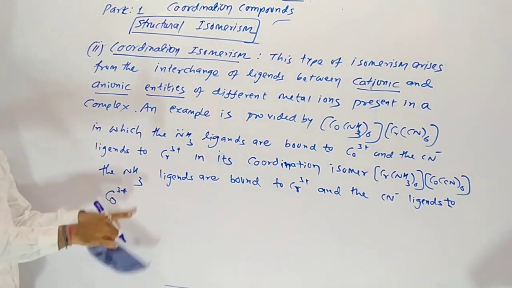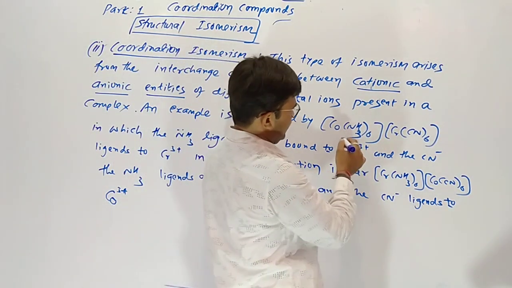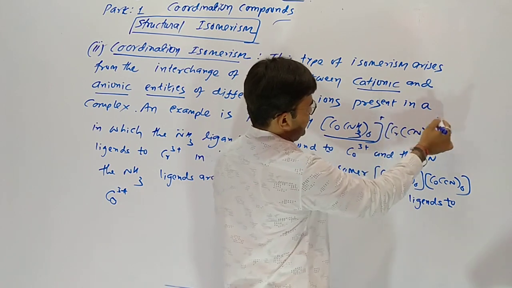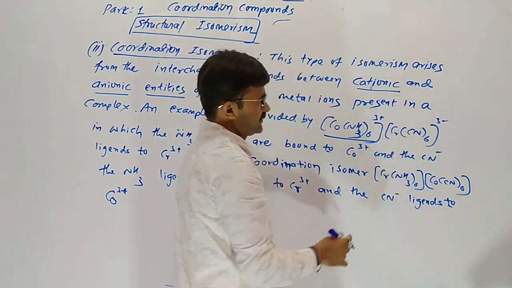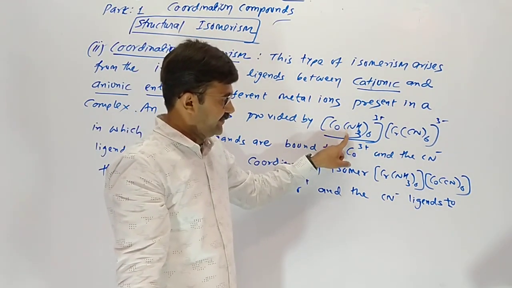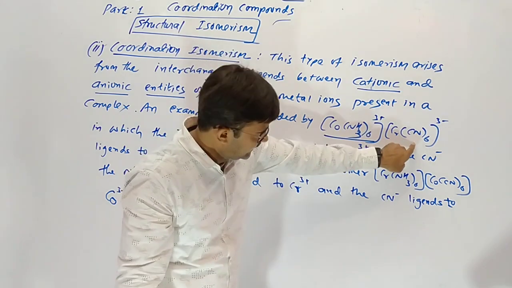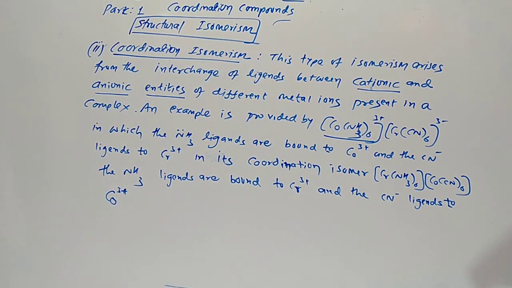Entities means square brackets. It means the left hand side should be positive and the right hand side should be negative. So ligands are transferring from the positive entity to the negative and from the negative to the positive. This type of isomerism is called coordination isomerism.